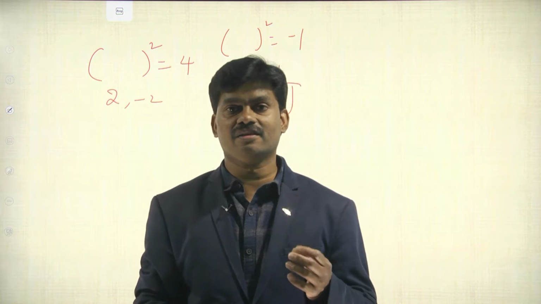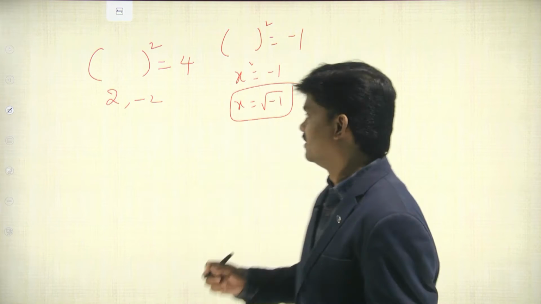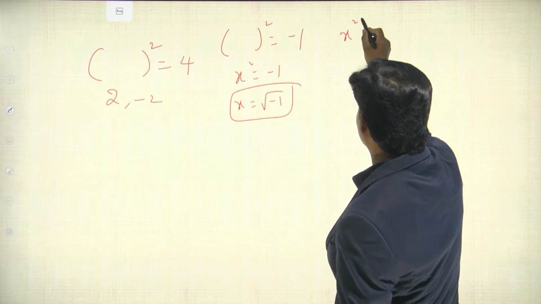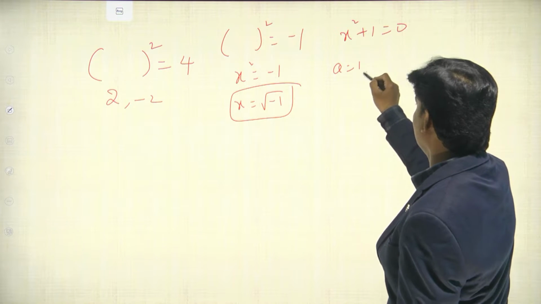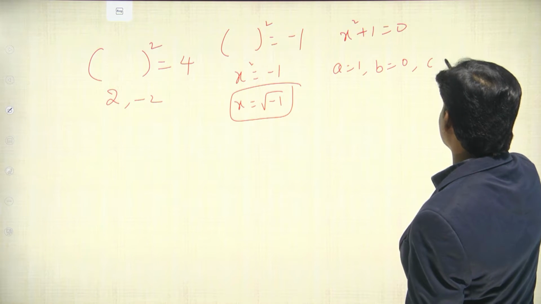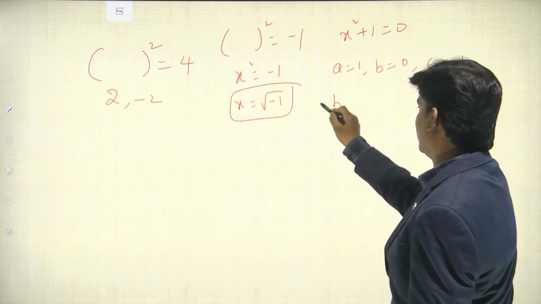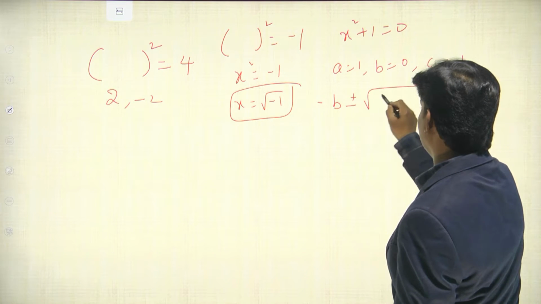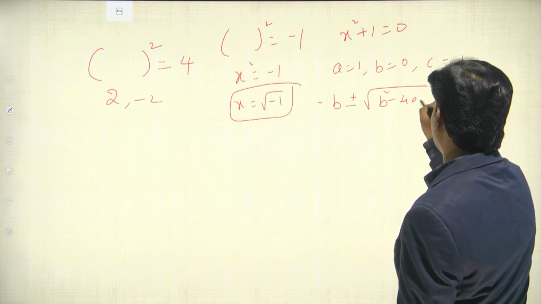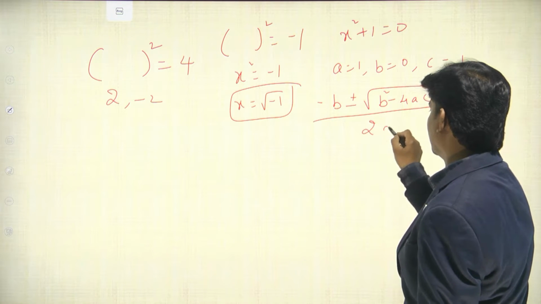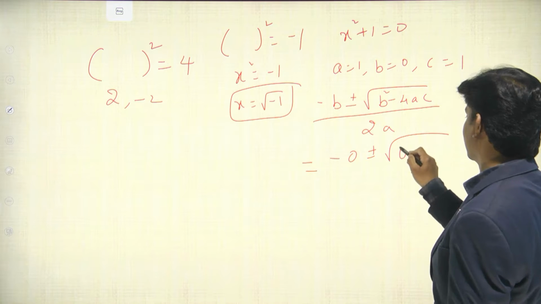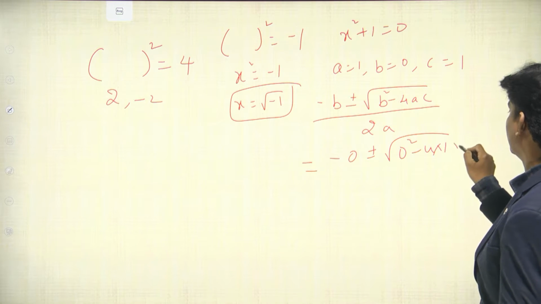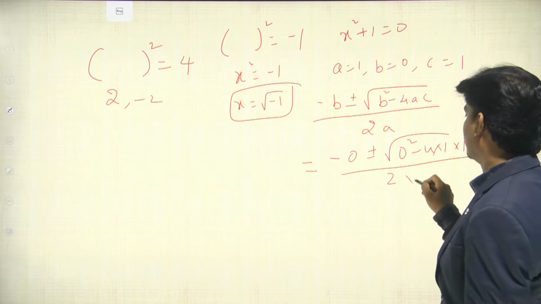Once we recall the quadratic equations, x squared plus 1 is equal to 0. Here a is equal to 1, b is equal to 0 and c is equal to 1. To get the values, we will take the formula minus b plus or minus under root b squared minus 4ac by 2a. So substituting, minus 0 plus or minus under root 0 squared minus 4 into 1 into 1 by 2 into 1.